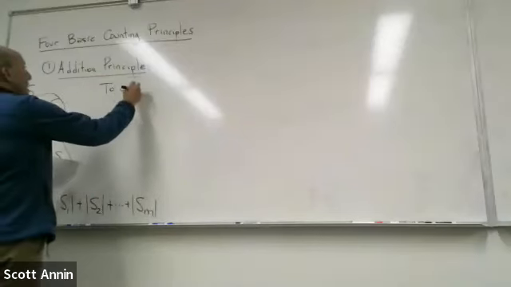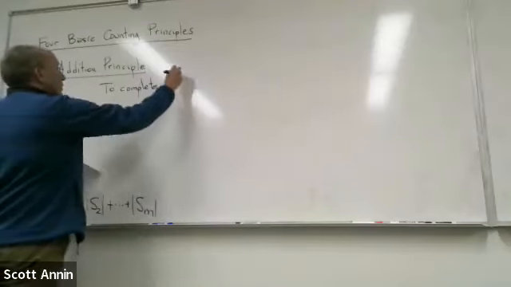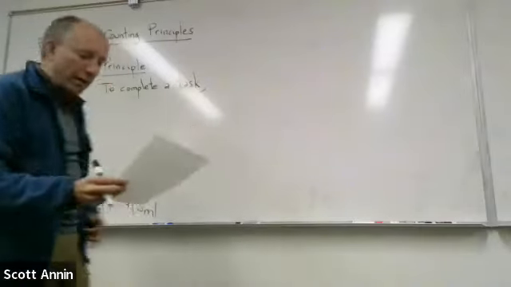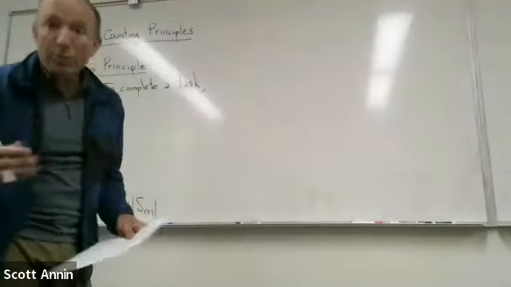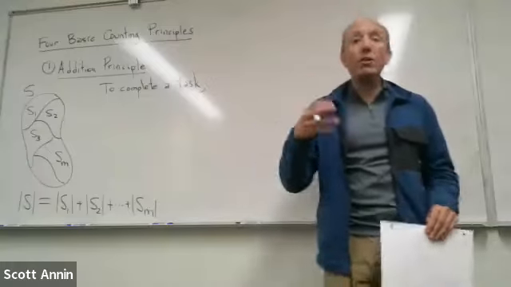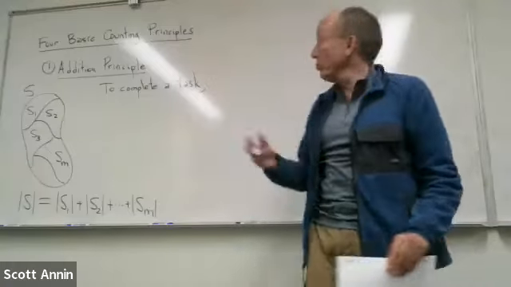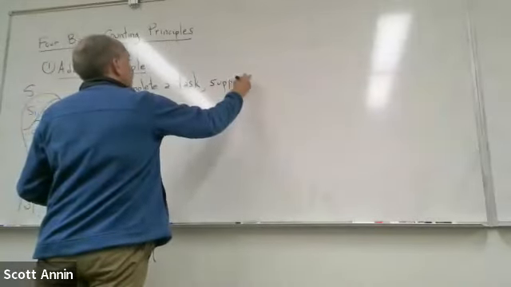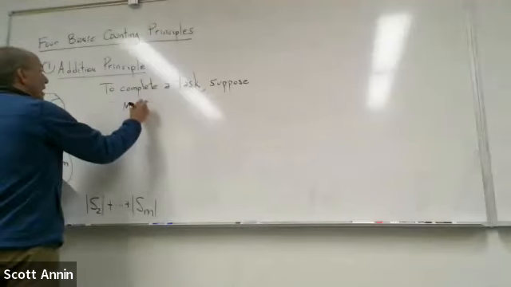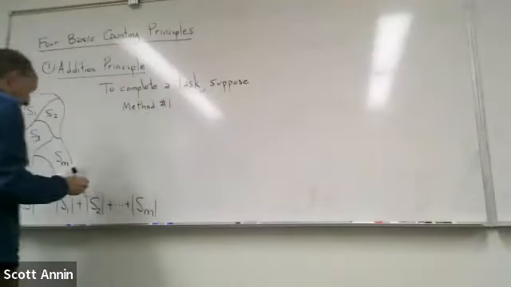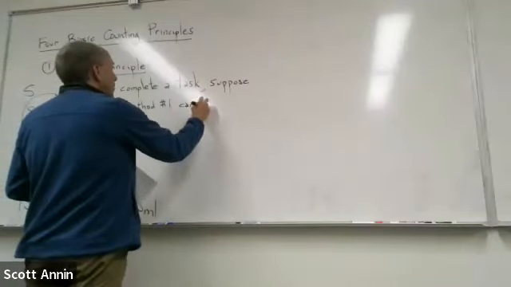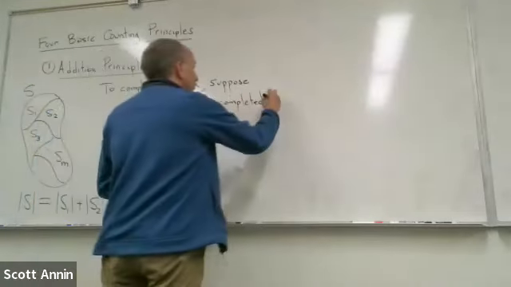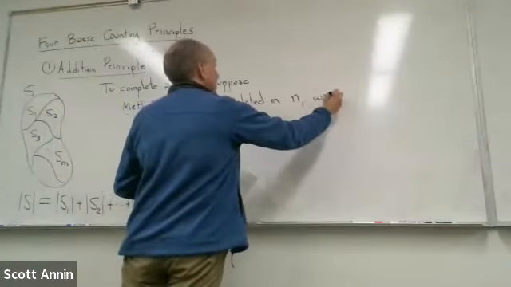So to complete a task, I would like to imagine that I have a task to complete and that there are several different methods that we could use to complete this task, right? Suppose that, for example, method number 1, whatever that happens to be, method number 1 can be carried out or completed in N1 ways.